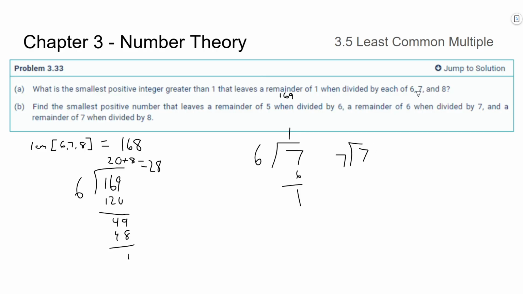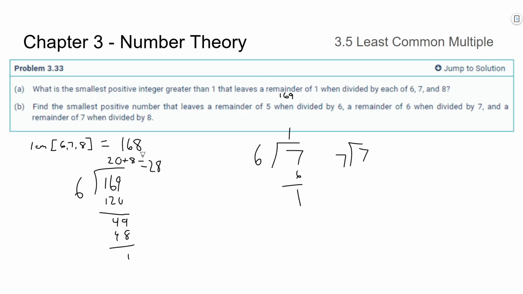So for all 3 of these to give a remainder of 1, it would have to be 1 over a common multiple. And to get the smallest positive integer greater than 1 that leaves a remainder of 1, that would be 1 more than the least common multiple.